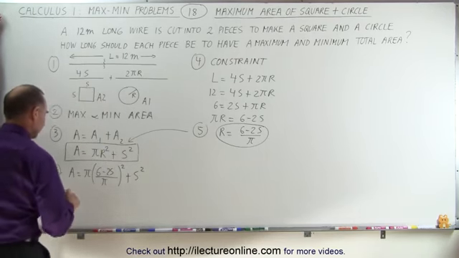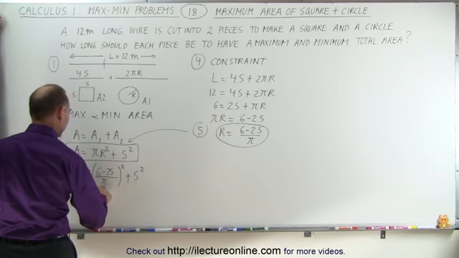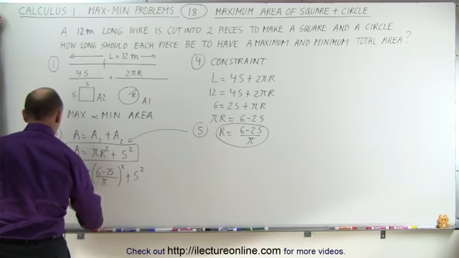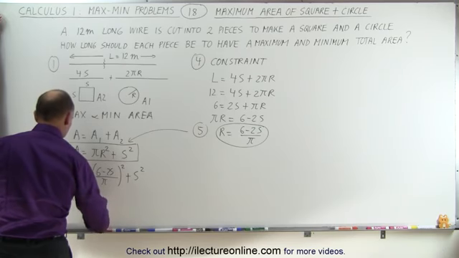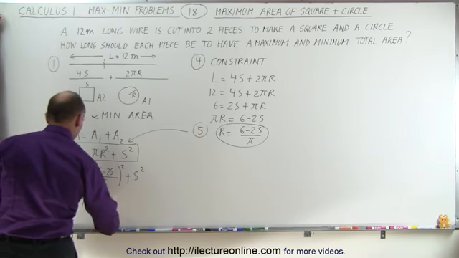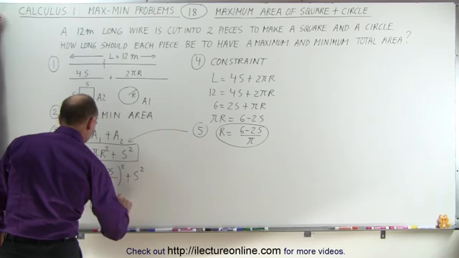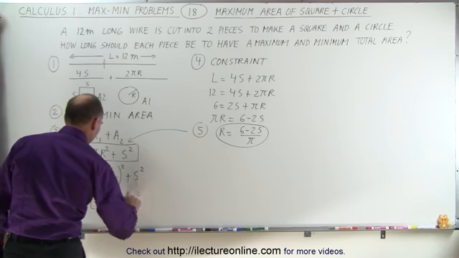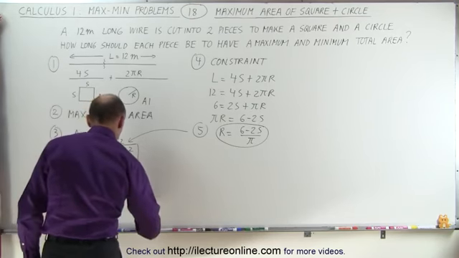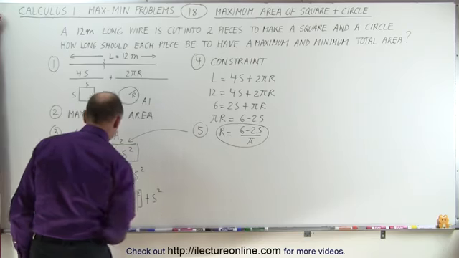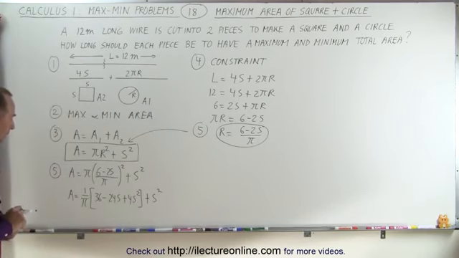Working this out, we can say this is 1 over pi squared times pi, that's 1 over pi, so area equals 1 over pi times 36 minus twice the product of these two, that's minus 24s, plus 4s squared, and then plus s squared. And now we're able to take the derivative of that and set it equal to 0 to solve for s.